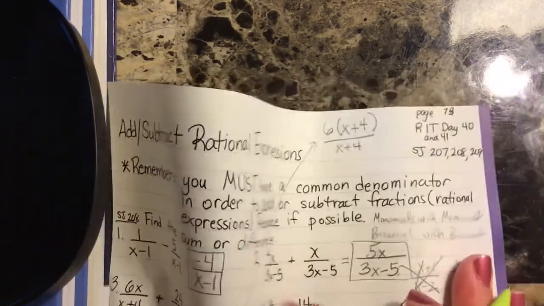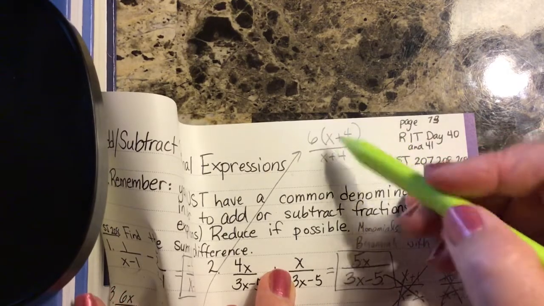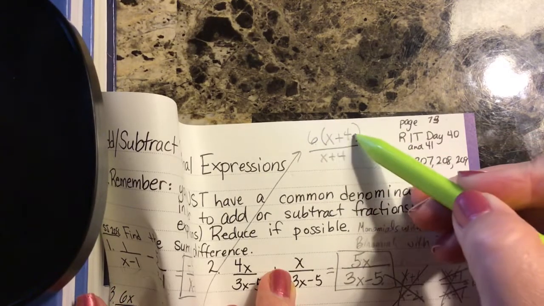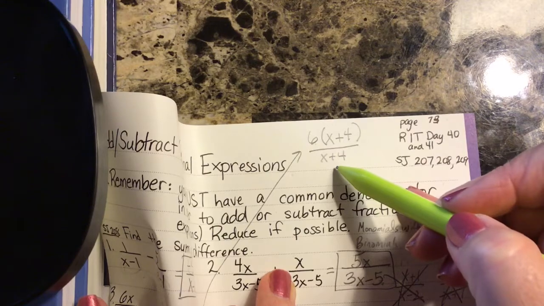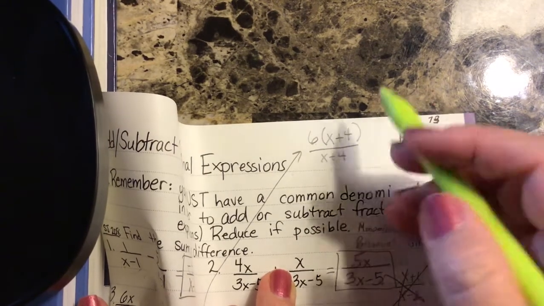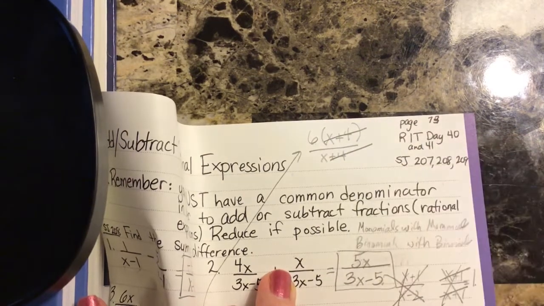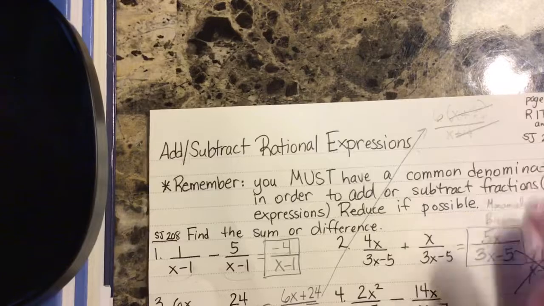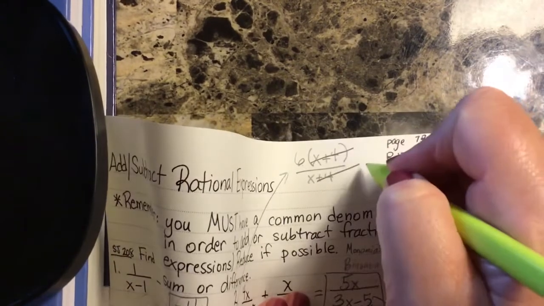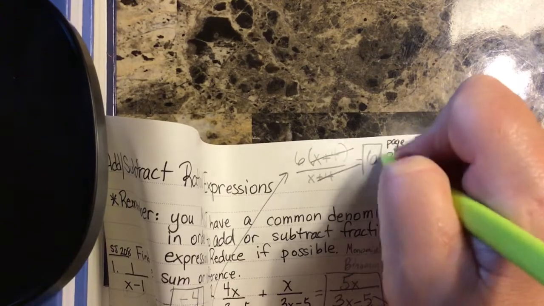Now, I have a monomial, a binomial, and a binomial. Can I reduce those two binomials? Are they the same? One in the numerator and one in the denominator? Yes, so I can get rid of this. The answer to number 3 is just 6.